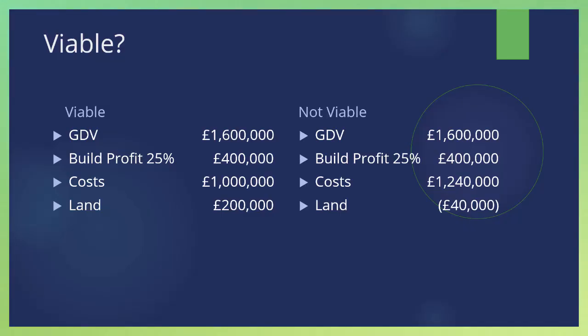So in order to make this project viable, the landowner would need to not only gift us their land, but also give us £40,000, because that 40,000 then comes out of your profit, and so your development profit there is going to go down to 360,000, and that's assuming that you don't pay anything for the land, which a landowner is not going to do.